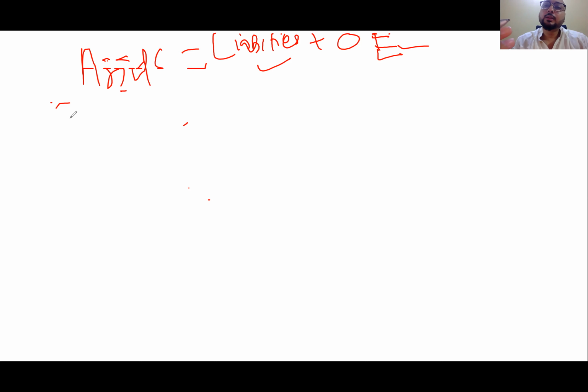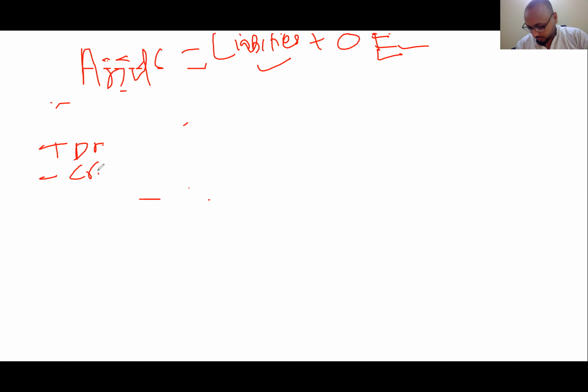I'm not going into that, just the journal entry rules: if an asset increases, it means debit; if an asset decreases, credit. So if cash increases, the rule is it would be debited.